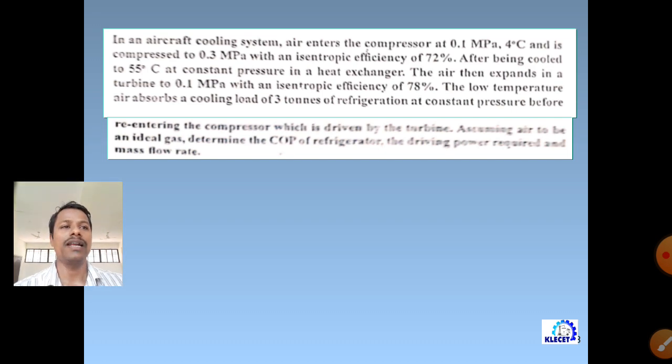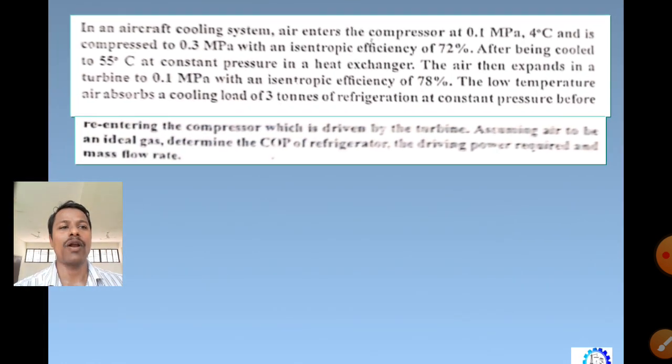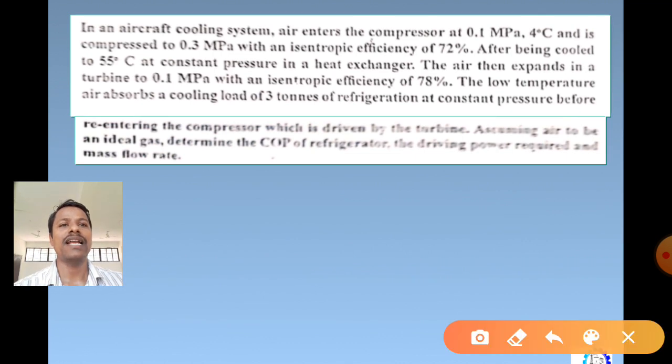Let us understand the problem statement first. In an aircraft cooling system, as we have discussed, the Bell-Coleman cycle application is found in aircraft, because aircraft use air as a refrigerant. They can't use a liquid refrigerant, since it adds weight to the aircraft body.